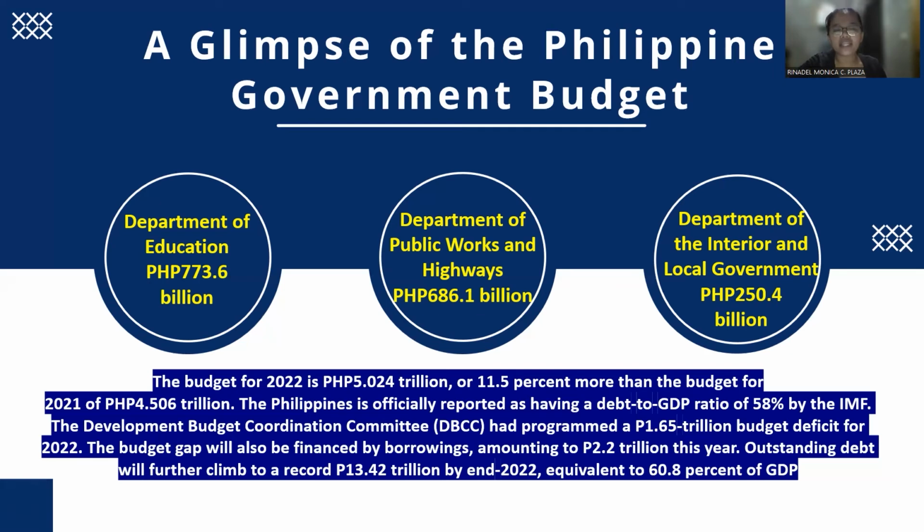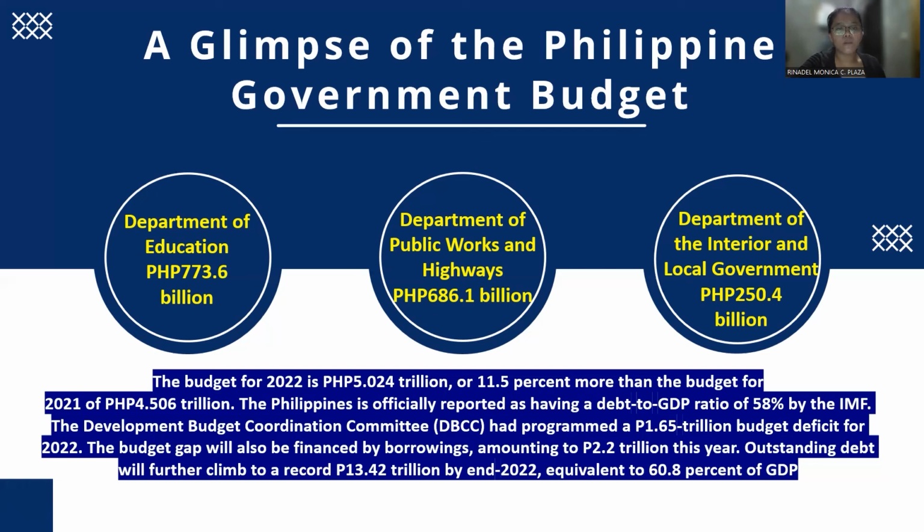And since we have already high debt last year, this will climb to an outstanding total debt of the Philippines by the end of 2022 in the total amount of 13.42 trillion.